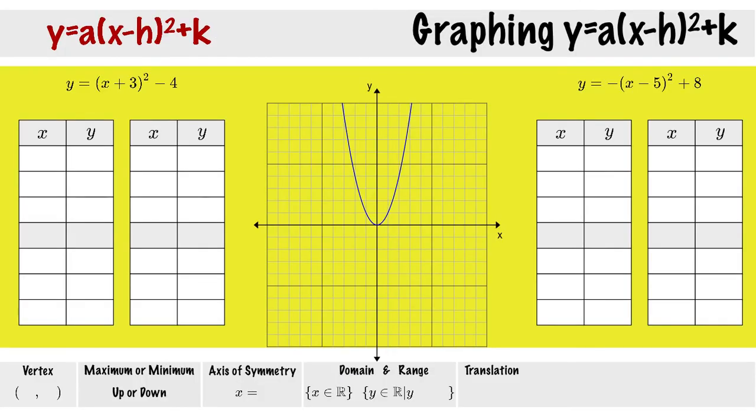And now we're going to use the entire vertex form of the quadratic. So looking at our first example and using our normal x value, stepping away from 0 3 times to the right, 3 times to the left. When I do the calculations, you're going to notice that the numbers no longer mirror each other.